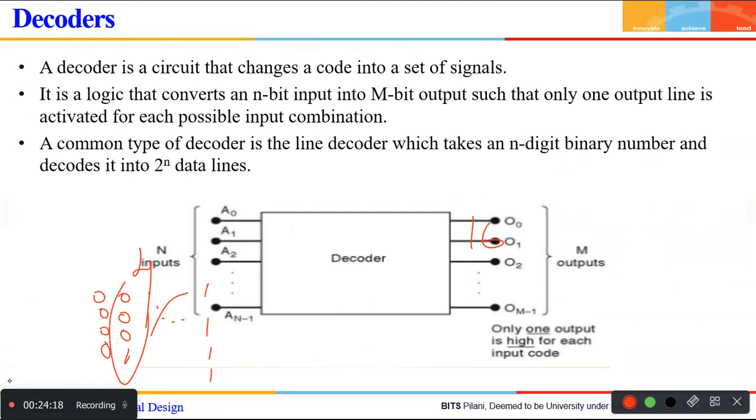And when the 16th LED is glowing, after that once again supply 0, 0, 0, 0, and the first LED glows again. That's one of the simple applications of a decoder. Have you understood this? Right?